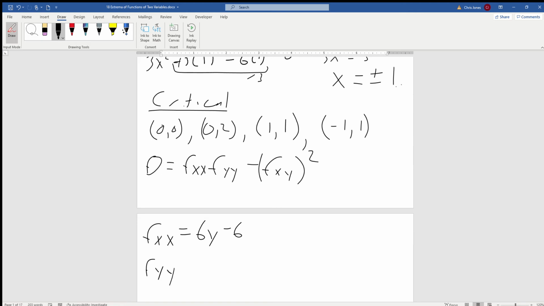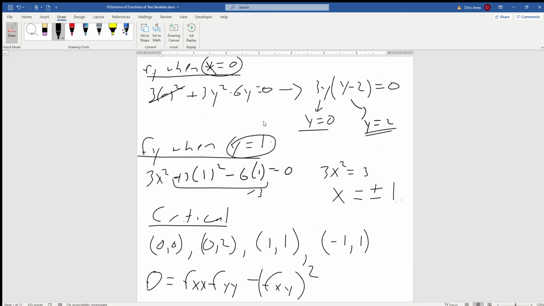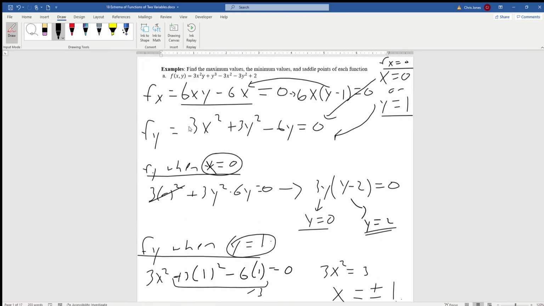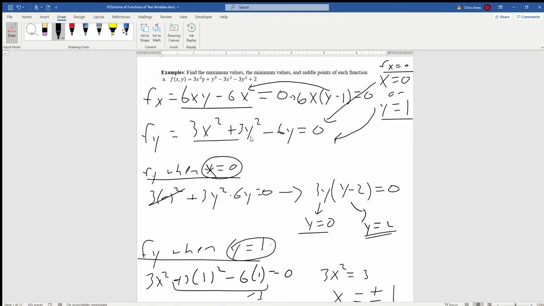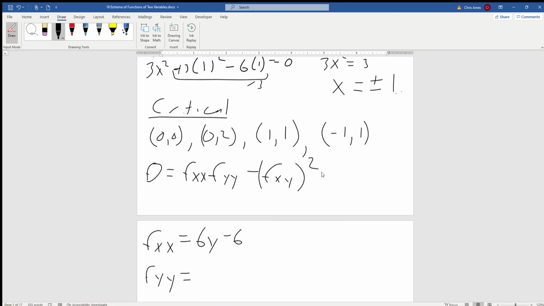Fyy, if we take the partial with respect to y of this, that's going to be equal to 6y minus 6 as well.